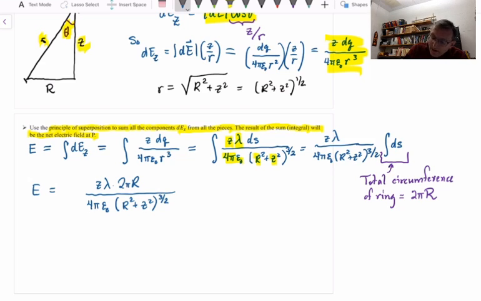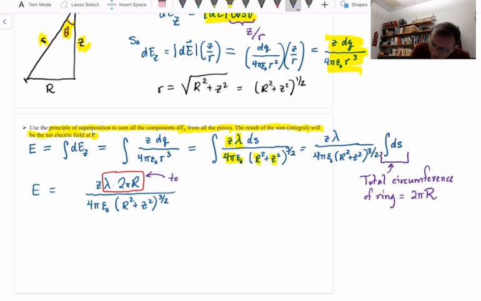Now, there is one more thing to note. Right there. Actually, we can identify what that means. Take the charge per unit length lambda, valid at any piece of ring, multiply that by the total distance around the ring. What do you think that would be? What does that mean physically?